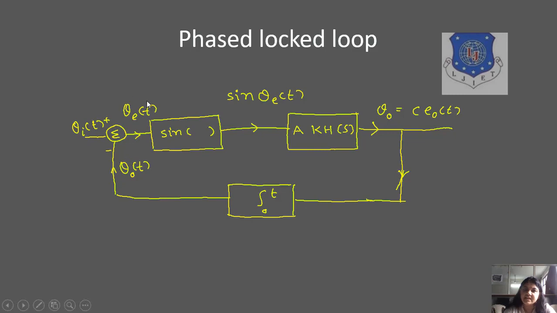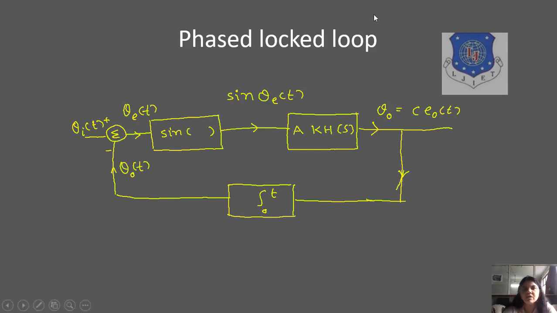Here we have the low pass filter. It will pass the low frequency component and suppress the high frequency component, which here is the carrier signal.